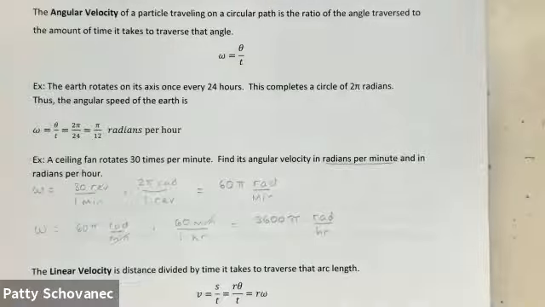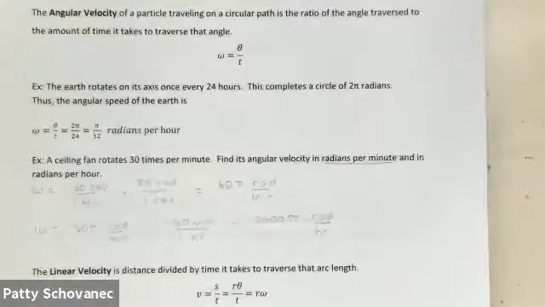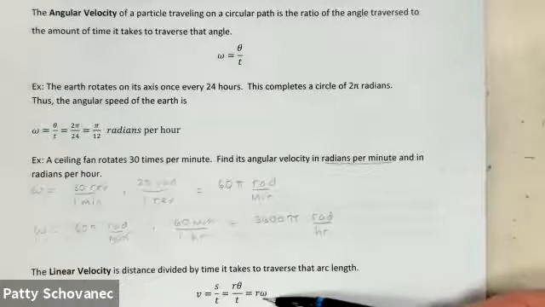So I want to look at using the Earth as our example from the first thing. Find the linear velocity of a point on the Earth's surface in one rotation. Well, we computed the angular velocity, so I may as well use this form of the linear velocity formula. It's the radius times the angular velocity.